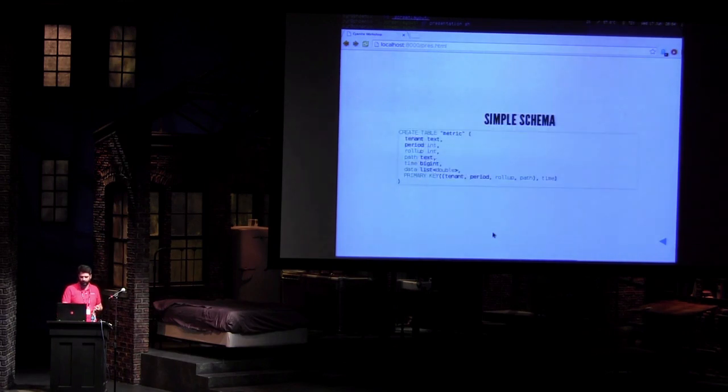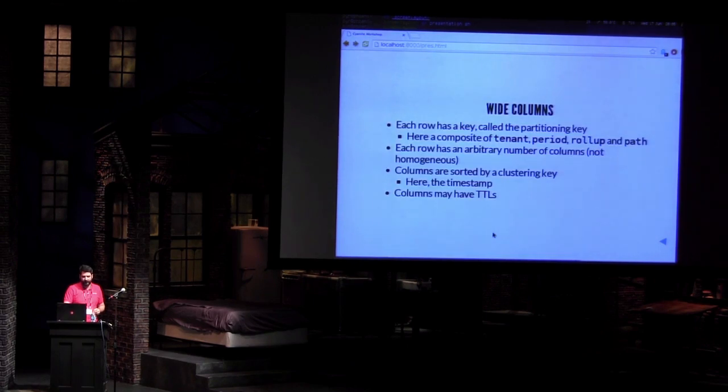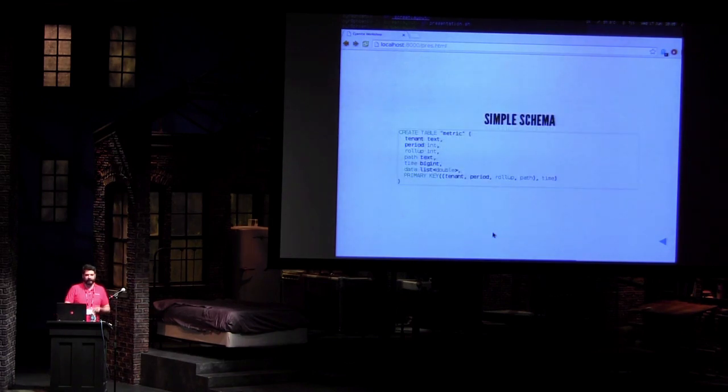If we look at the primary key statement, it's a composite of tenant, precision and path, sorry. And then for each of these rows, you can have an arbitrary number of columns, and they don't have to be homogeneous from row to row. And these columns are sorted, and they're sorted by what's called a clustering key. And in our case, that's the time.